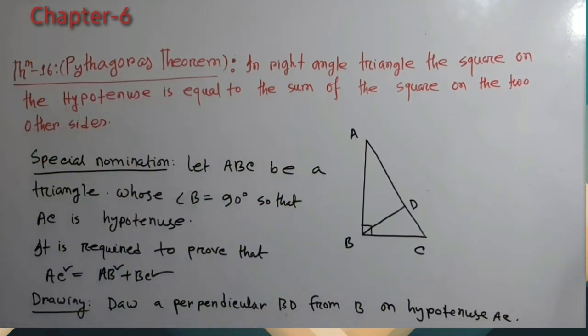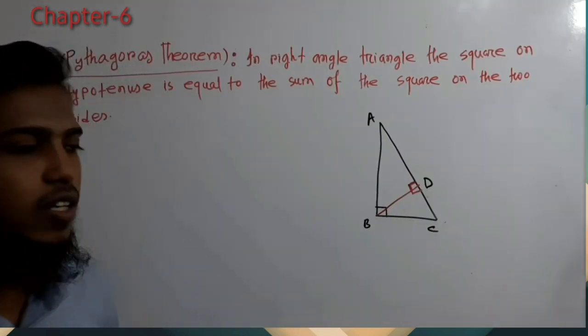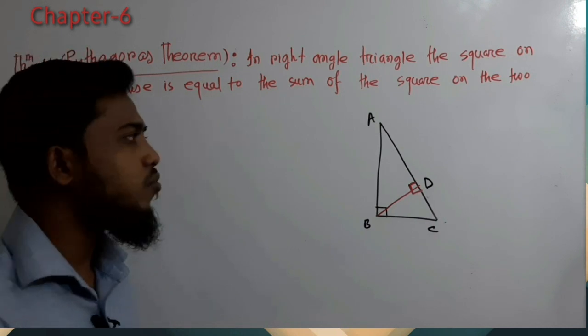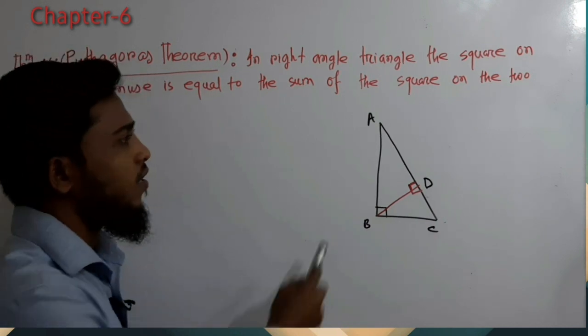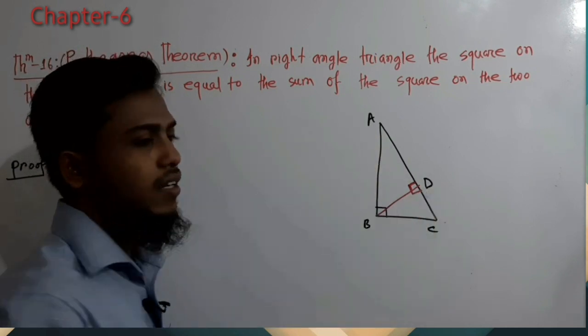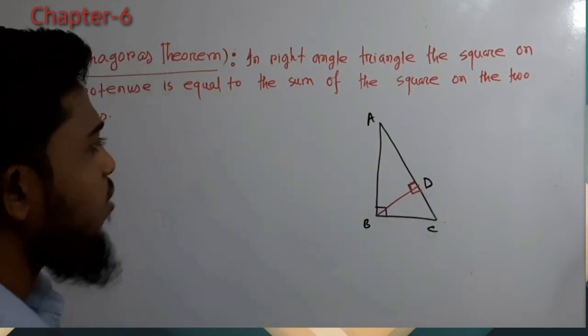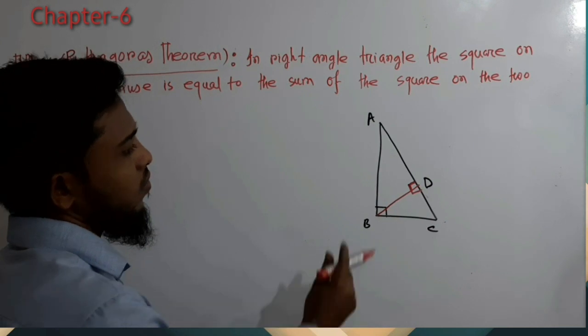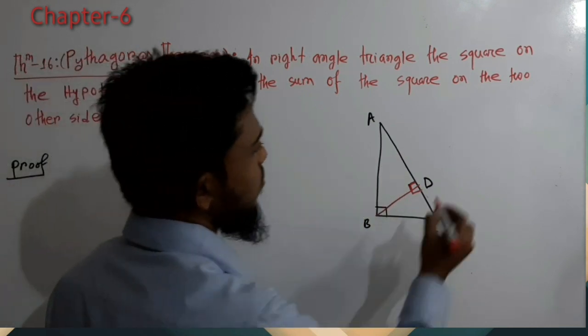Dear student, now I will prove this theorem according to our special nomination by using similarity of triangles. To prove this theorem, first of all you have to consider two triangles, triangle ABC and triangle ABD. I will draw this figure into two parts.